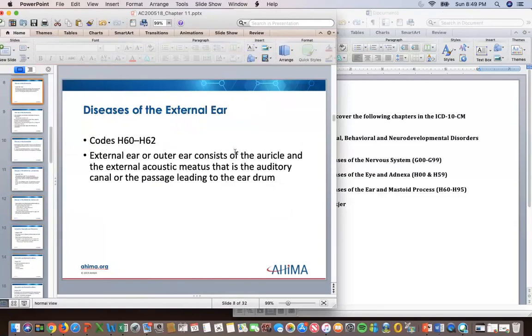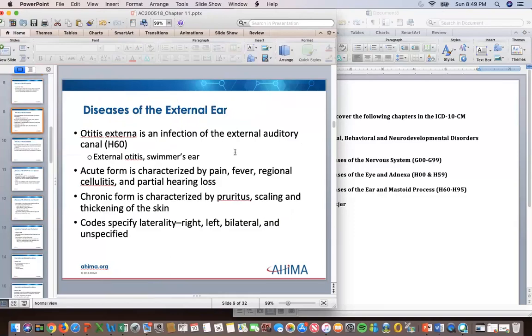And again, if you have a photo of the ear, it's great to give you a visual. I'm a visual person, so I like to see things before I actually get started. If you're working in a clinic, not necessarily a hospital, you may code a diagnosis of otitis externa, an infection, and that is coded frequently in clinics, although we're working in a hospital setting.